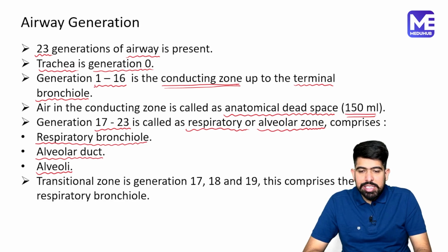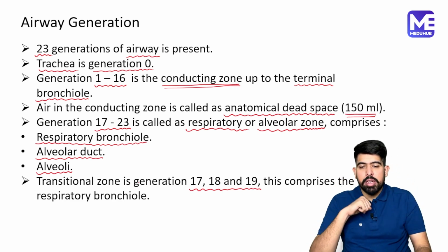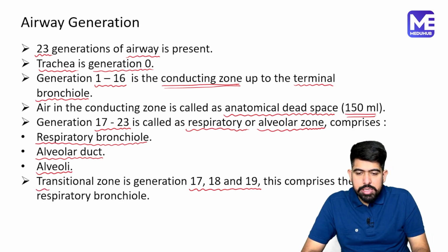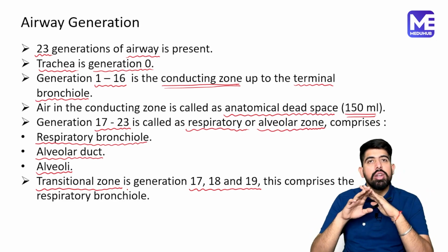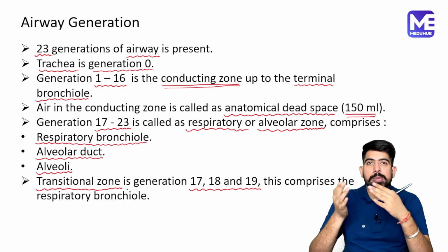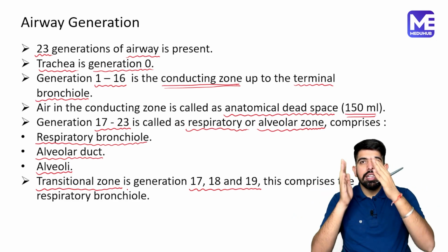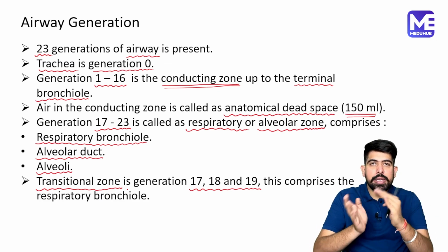And as you know, the transition zone is the 17th, 18th, and 19th generations, right? What do you mean by the transitional zone? Please remember, what do we have? We have three zones. The first is our conducting zone, where there is no respiration. Then we have the respiratory zone, where respiration occurs. What is the meaning of transition zone? The conducting zone is now changing into the respiratory zone, right?